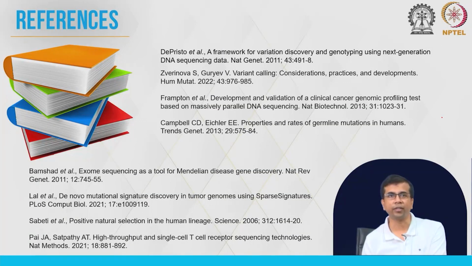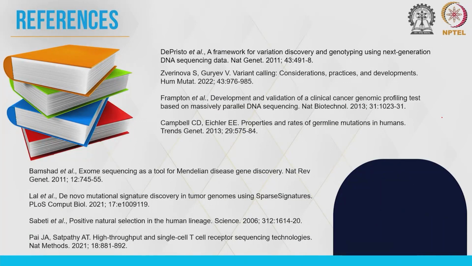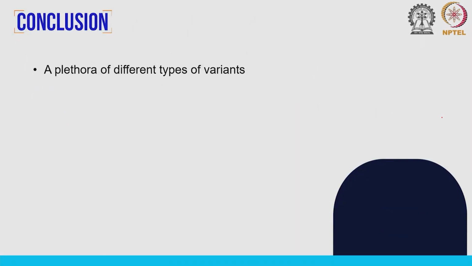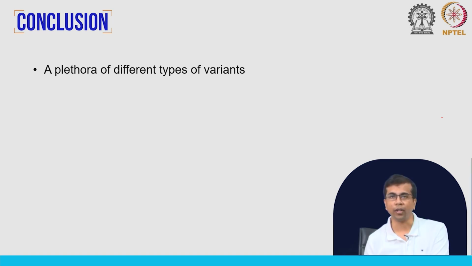So, here are the references that we have used for this class, and to summarize, we have talked about different types of variants, but we have focused mostly on SNV, SNP and small indels in this class, and there are many more out there, the structural variants especially, which we will talk about in the next few classes.